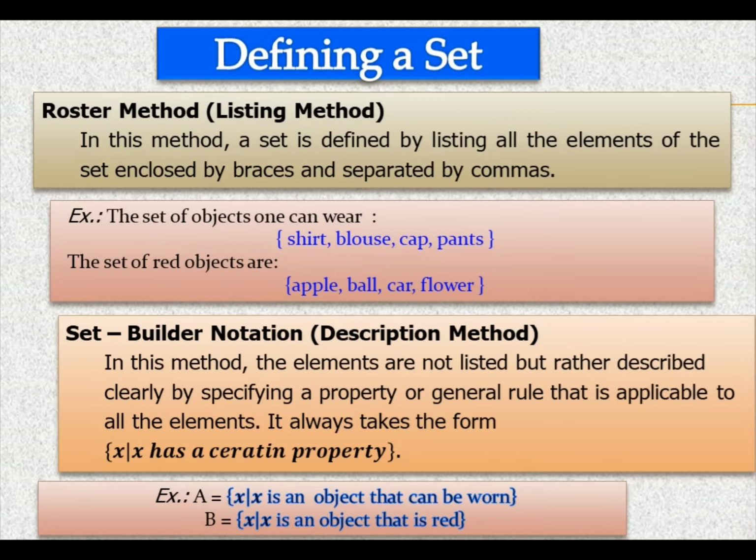Given the roster method, wherein the elements are listed, in set builder notation we will represent the set by describing all the elements listed in those sets. So set A is equal to the elements of x such that x is an object that can be worn. Set B is equal to the elements of x such that x is an object that is read.